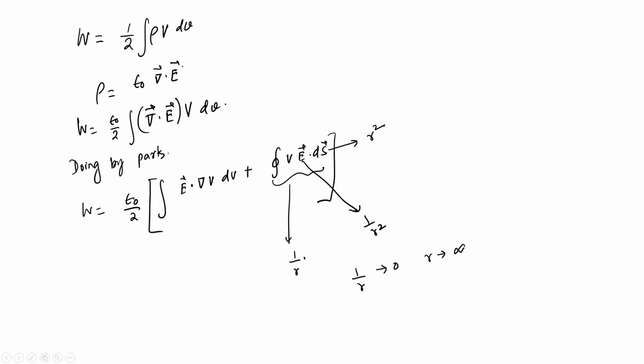Which means that even if the electrostatic potential energy expression involves a volume integral and a surface integral, we can make the surface integral go to 0 by taking that surface to be at infinite distance, and we are left with only the volume integral, which is epsilon 0 by 2 times the integral of E squared dv. Okay. So, this E squared dv is the expression for the electrostatic potential energy.